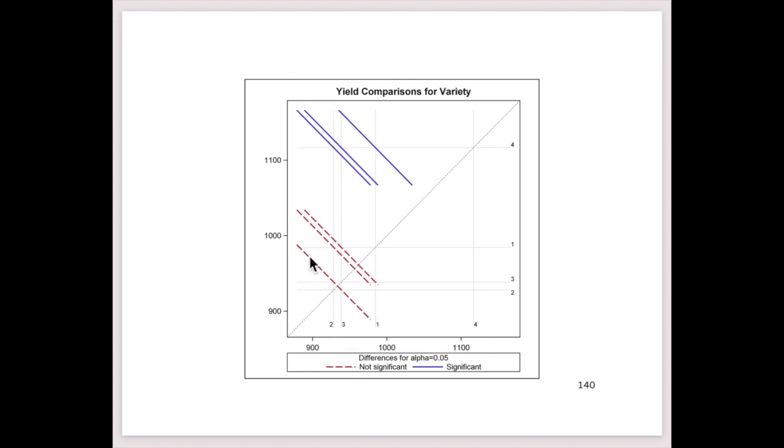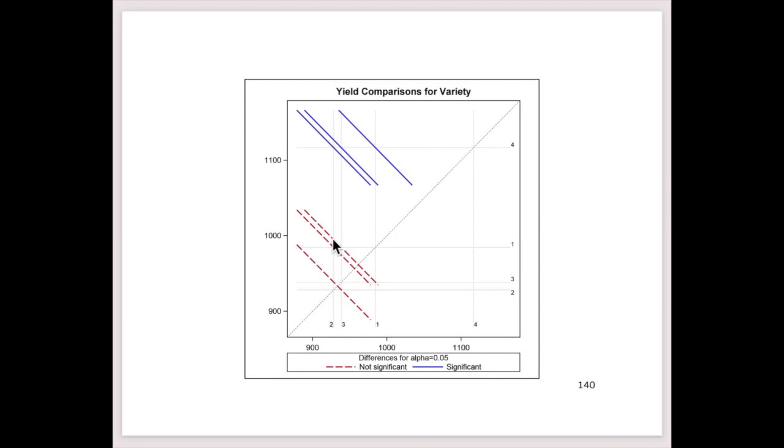The way we interpret this is that if the diagonal line intersects the equiangular line, then the conclusion we would draw is that the two respective means are not different. This diagonal line intersects the equiangular line, so we conclude that mu2 and mu3 are not significantly different. This diagonal line also intersects the equiangular line, so we conclude that mu2 and mu1 are not different.